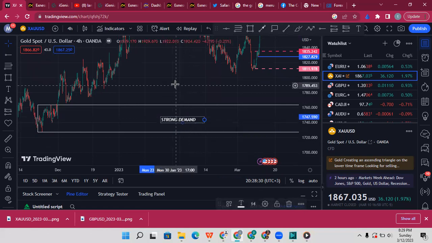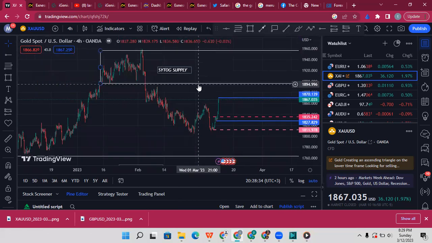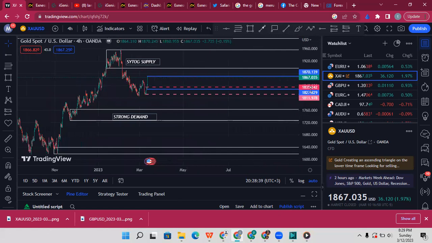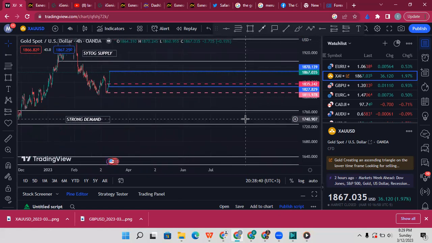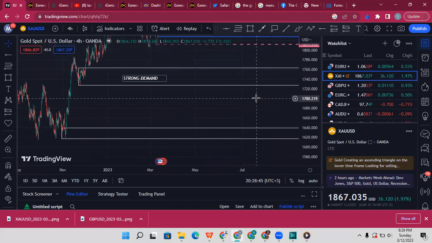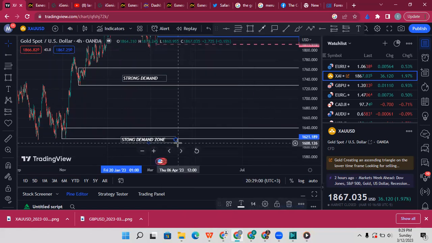These are very key areas that I'll be watching when the market opens in some few hours. So on the 4 hours time frame, we also have another strong demand zone here.